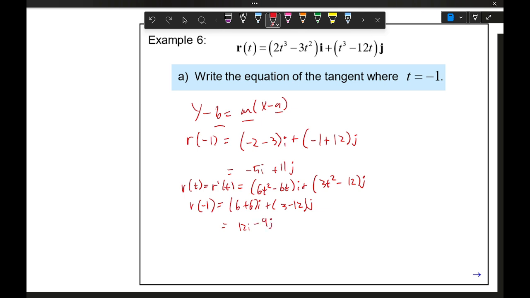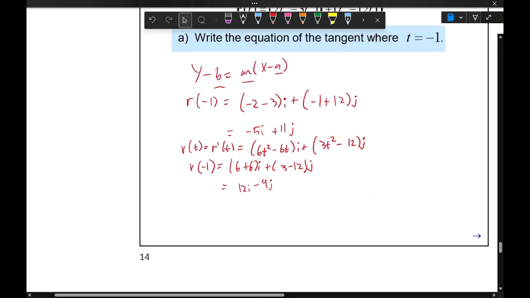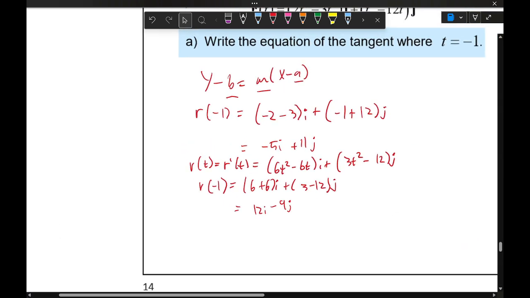But then we don't just need the velocity, we actually need the slope of movement, or the slope of the velocity. So m is going to equal rise over run, so the y component over the x component, or -9/12, or -3/4.